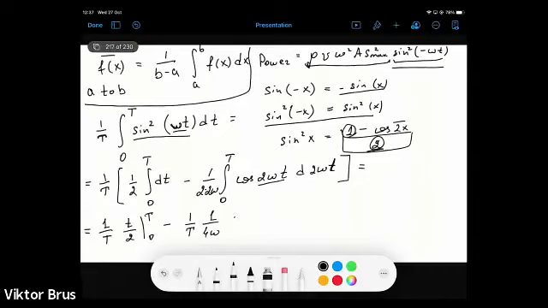So this will be sine 2 omega t from 0 to capital T, which is the period. If we substitute capital T instead of time, we cancel out the T in the denominator, so we get just 1/2.